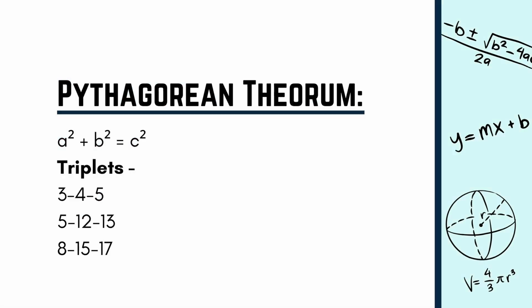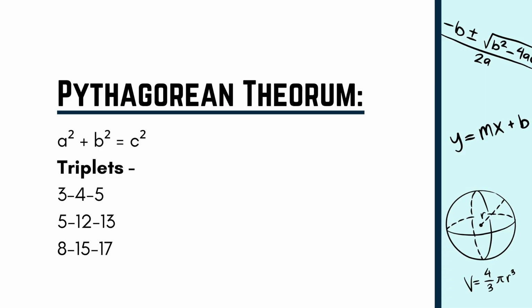Okay, Pythagorean theorem. Speaking of which, the SAT loves a squared plus b squared equals c squared. It only works on right triangles though. The longest side is always the hypotenuse. One quick shortcut: you should know these triplets. 3, 4, 5; 5, 12, 13; and 8, 15, 17.